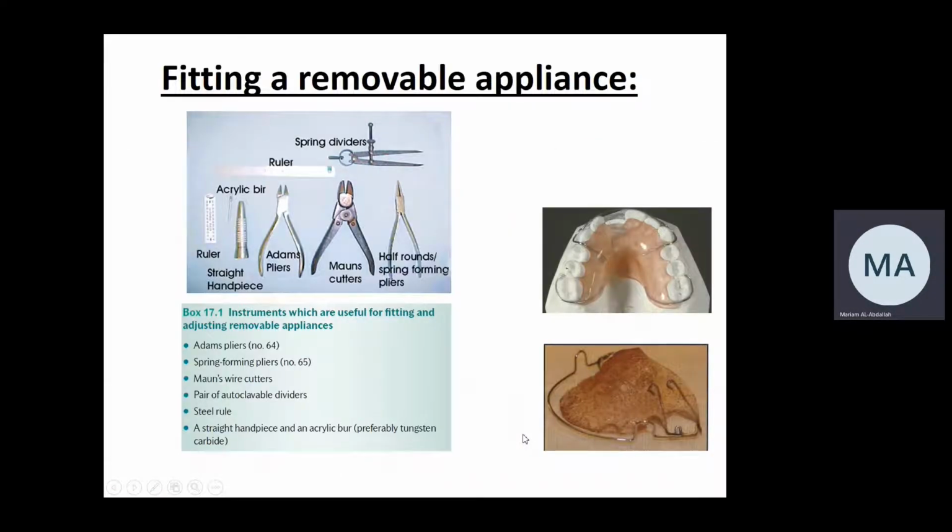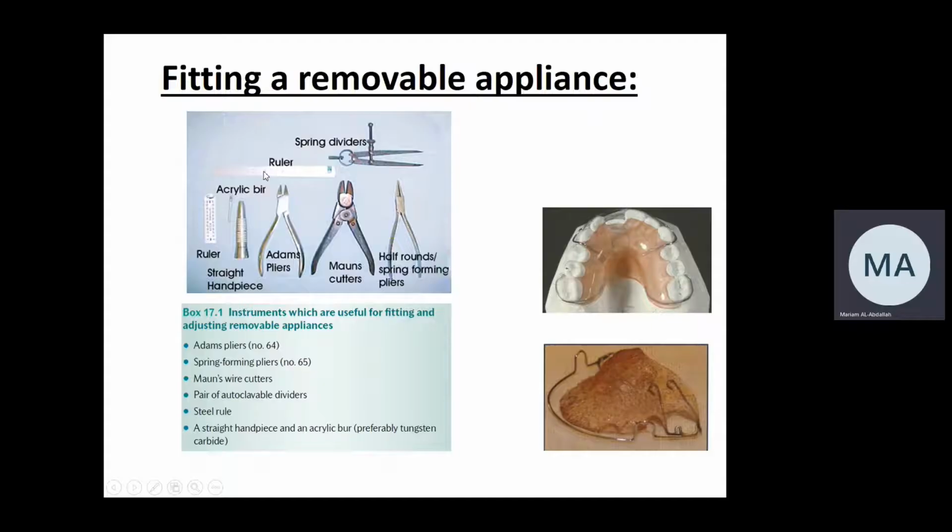Now I want to fit the appliance inside the patient's mouth. I need tools. I need instruments to be ready in my clinic. I need Adams plier to adjust the different components, or loop forming plier also to adjust the active and the retentive components. I need a cutter, heavy cutter.